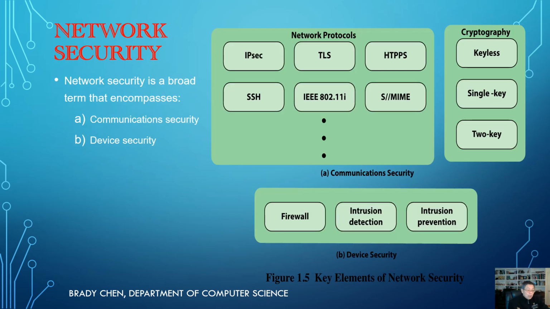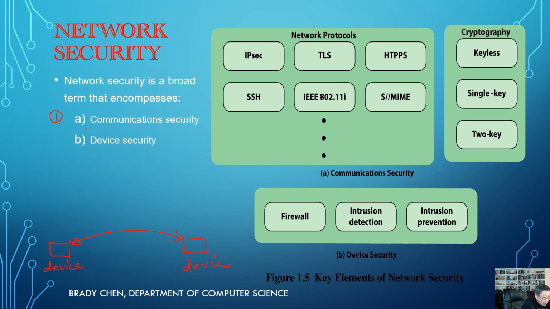So let's talk about network security. Now typically a network consists of two parts: the device and also the network connected to these devices. So that's the reason why network security is a broad term that encompasses two things.